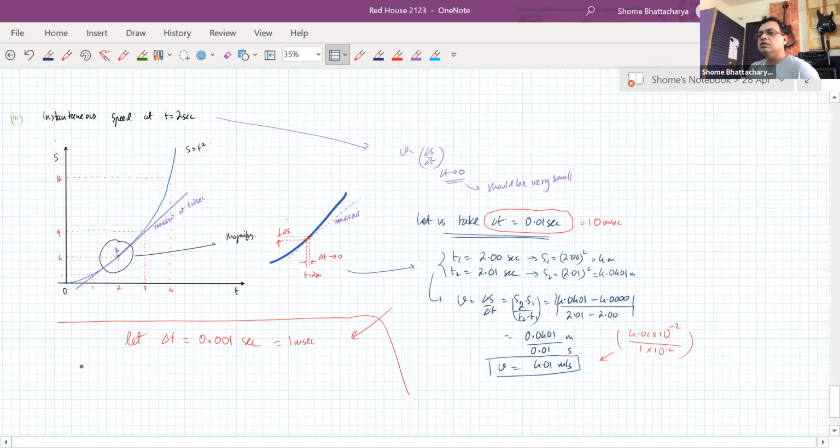So in this case, t2 being 2.001 seconds, you will see s2 will become 2.001 square, which will actually give you 4.040001.